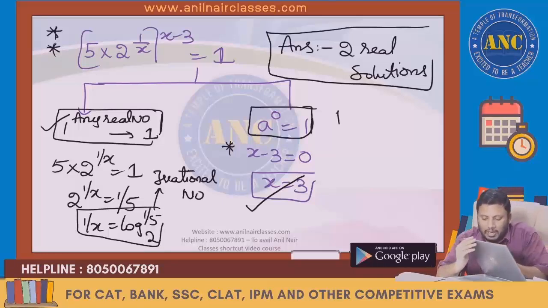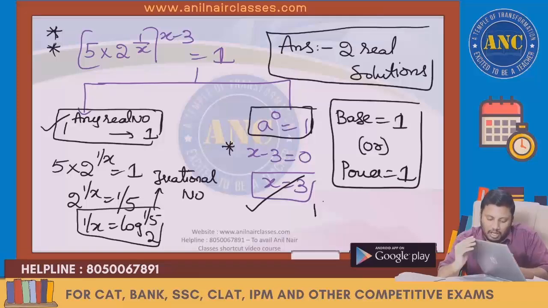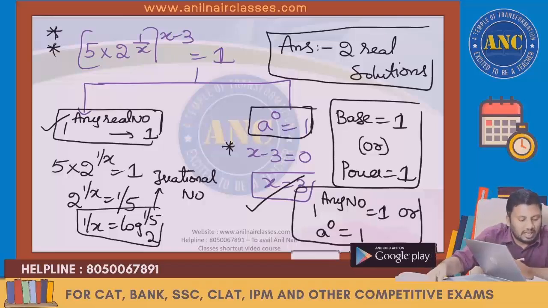So either the base can be equivalent to 1, or the power can be equivalent to 0. Please write down, sir. 1 power any number is 1, or a power 0 is 1. Two cases are possible.